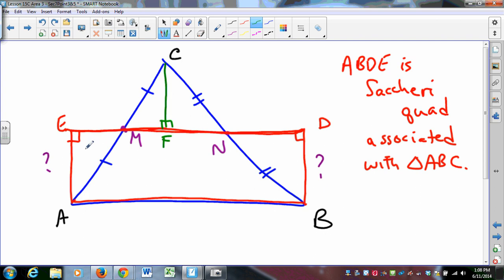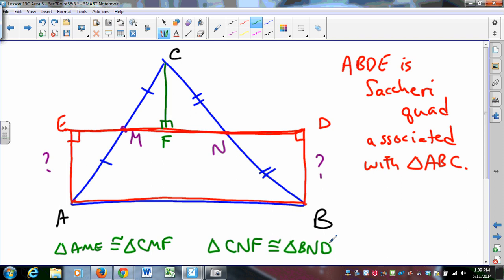You should be able to prove that triangle AME is congruent to triangle CMF, and that triangle CNF is congruent to triangle BND. And if those triangles are congruent, then those imply that AE is congruent to BD. Just a thought.